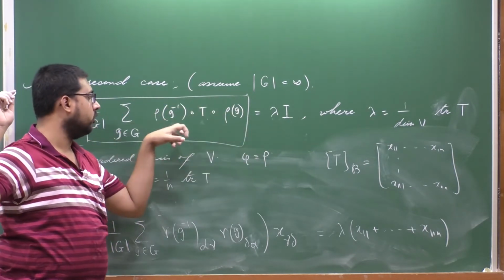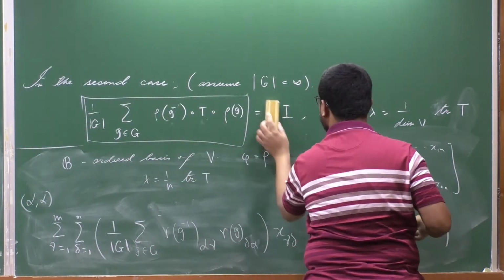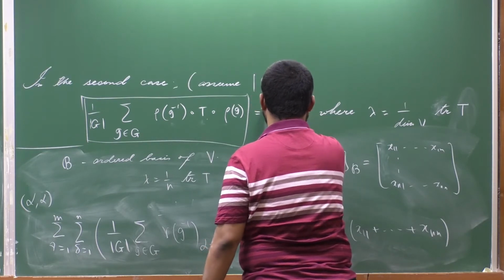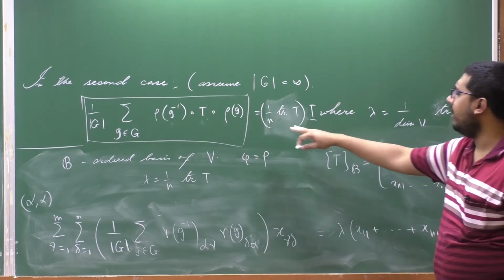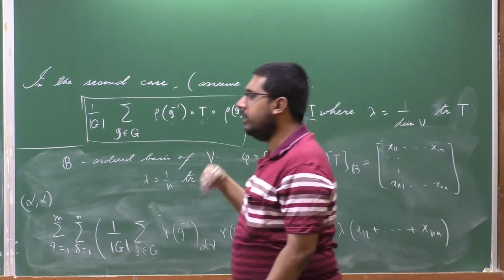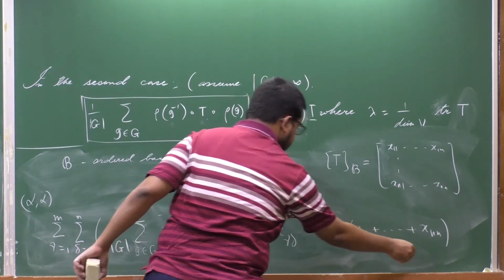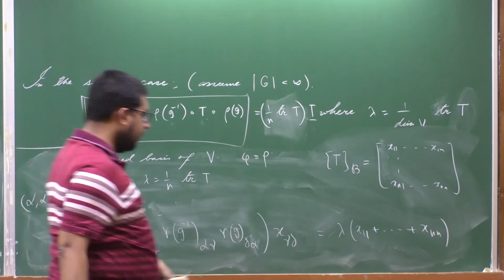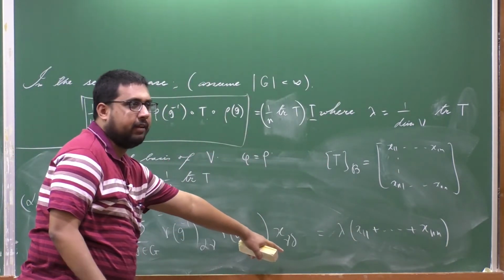As I said, this relation holds for any values of xij, because for any given t we are going to have this relation. Let me simply write it here, 1 by n trace t times identity. So for any given t, this is what we are going to have. So t is arbitrary, that ensures these values of xij are arbitrary. Therefore for any values of xij, this is the relation we are going to have. You see on the right hand side only these terms will be surviving, so the same has to happen in the left hand side.